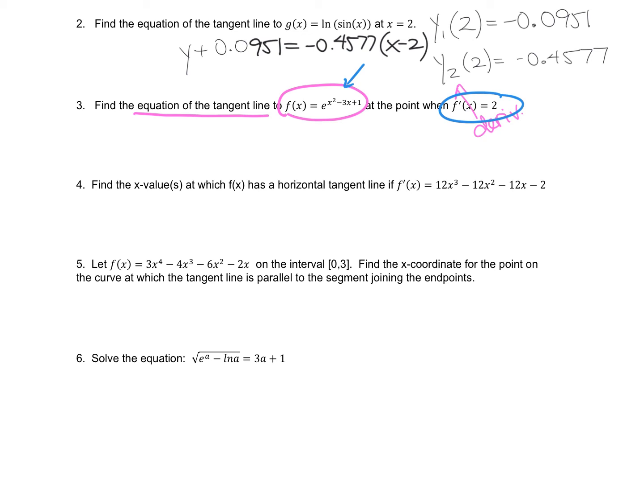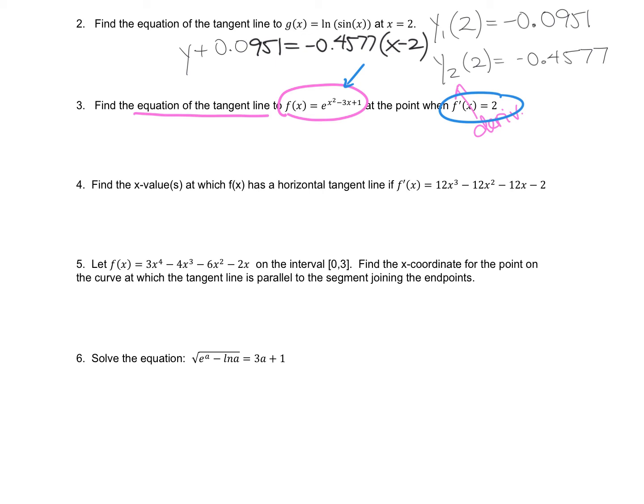So in your calculator, clear out what you have. I'm going to put in my y1, e to the x squared minus 3x plus 1. I'm going to immediately then have my calculator find the derivative of that. So I'm going to do that in y2 because right now I want to know where my derivative is equal to 2.